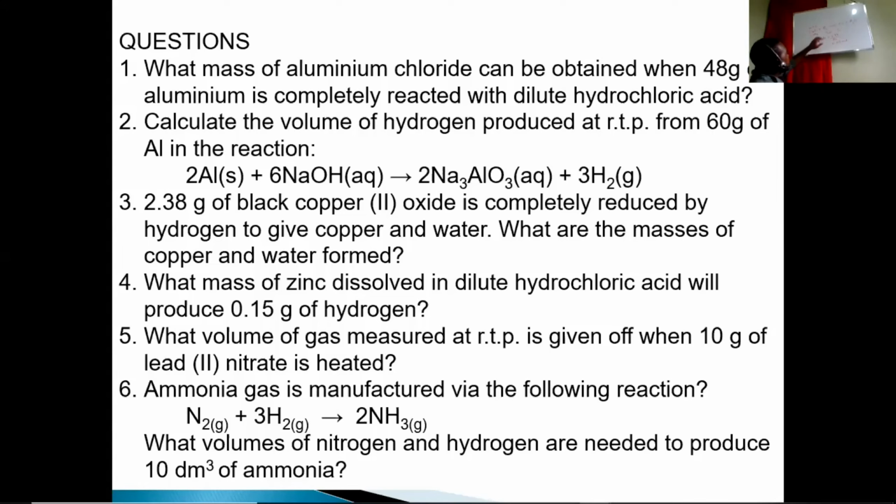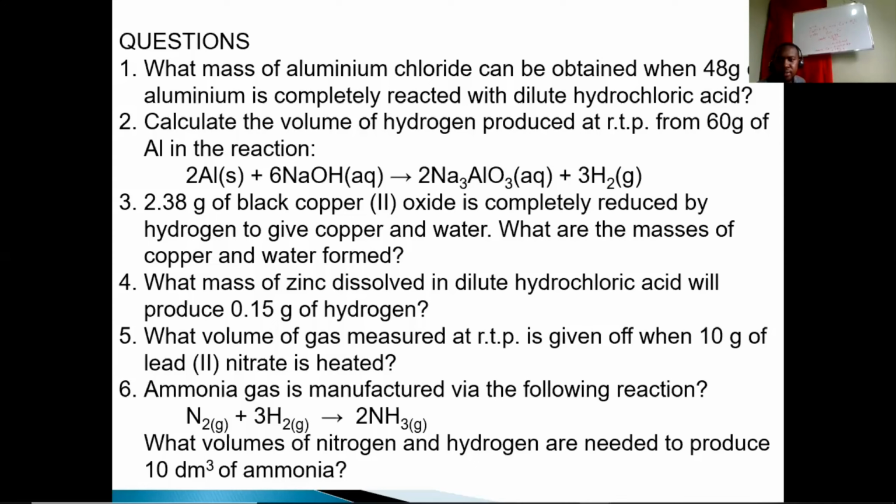Because it's a 1-to-1 ratio, 0.03 moles of copper oxide gives us 0.03 moles of copper. Therefore, the mass of copper will be your mole multiplied by the molar mass of copper, which is 64, and that gives us 1.92 grams.